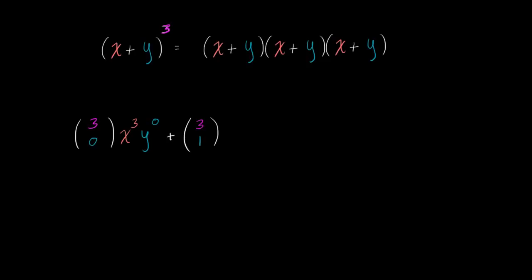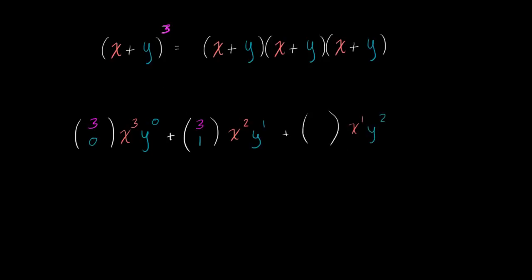And so if you're picking one y, that means you're picking two x's, and you're taking the product of everything. So it's x squared times y to the 1. And we could keep doing that logic. So plus, now we're going to think about the situation where we are picking two y's out of three things. So it's x to the first, y squared.